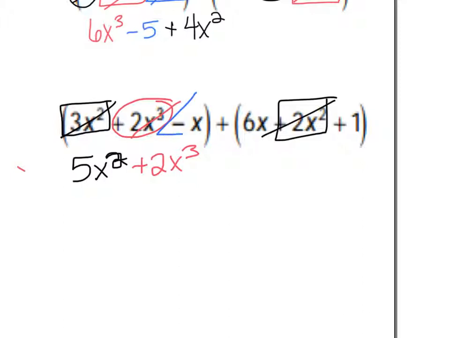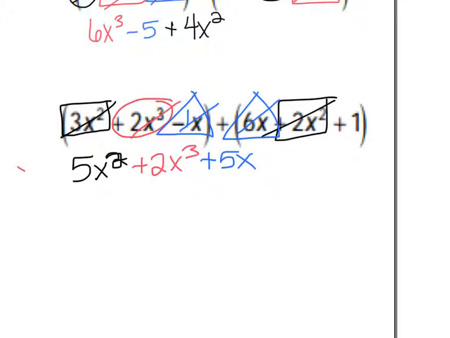Now I run into a negative x. So looking at what's left that's not been crossed out, I have a positive 6x. Well, remember there's that invisible 1 with the negative x. So a negative 1 plus 6 will make a positive 5x. Cross them out.